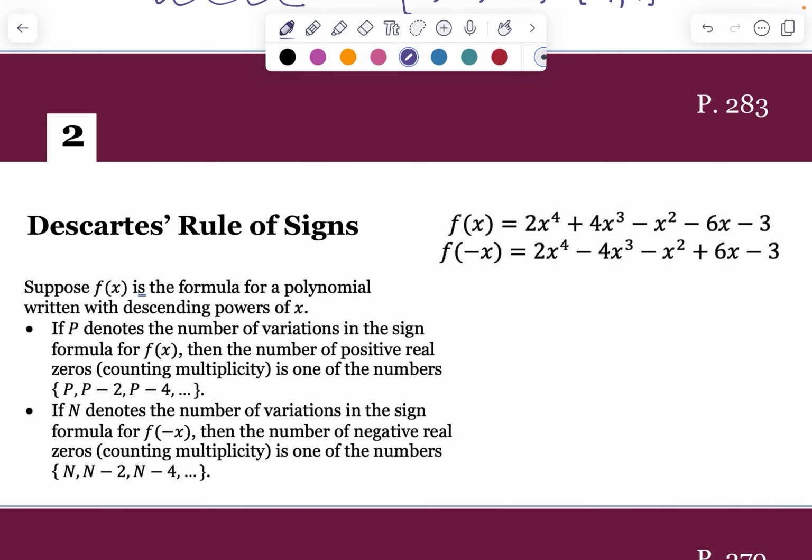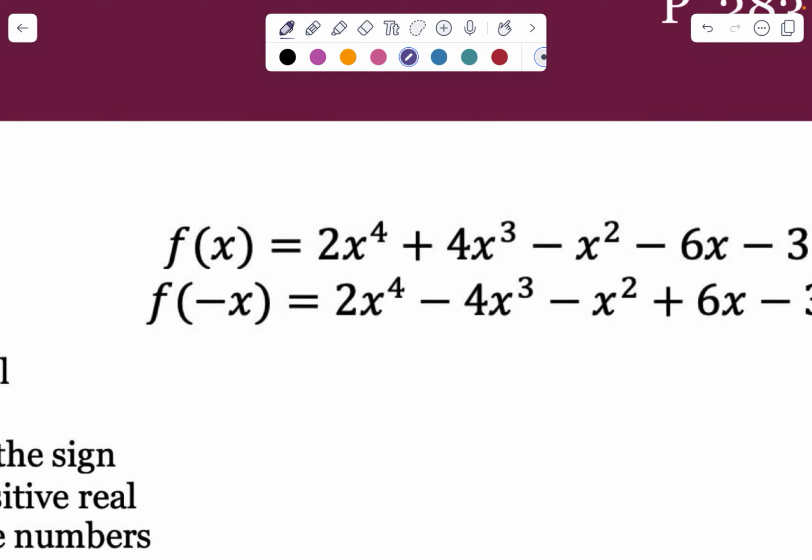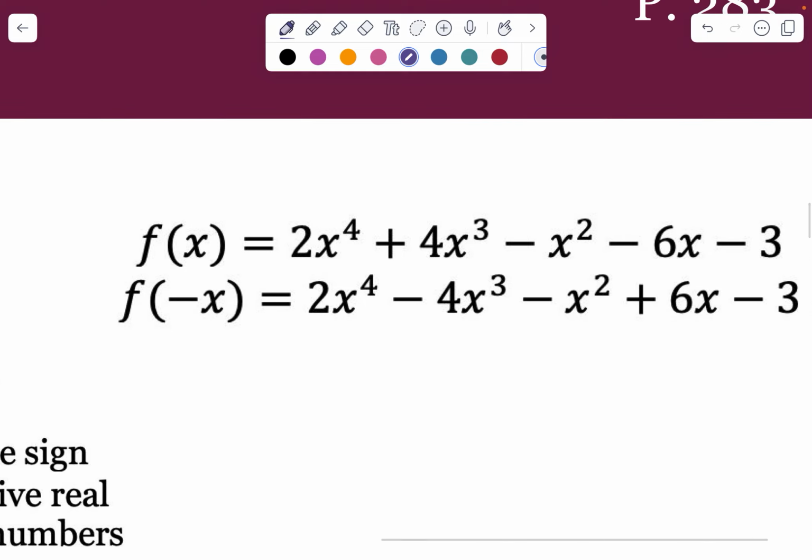Again, I'll let you read the formula start to finish on your own, but here's what we're going to do. We're going to work with both the original function f of x and f of negative x. Note that this one actually hasn't been changed over here to look like that yet, but we're going to do that together. We're going to start with f of x though.